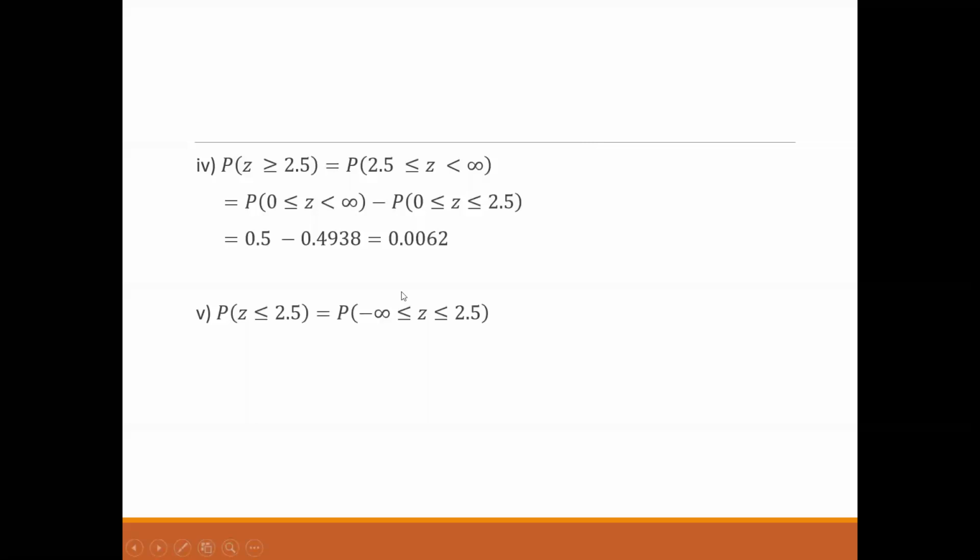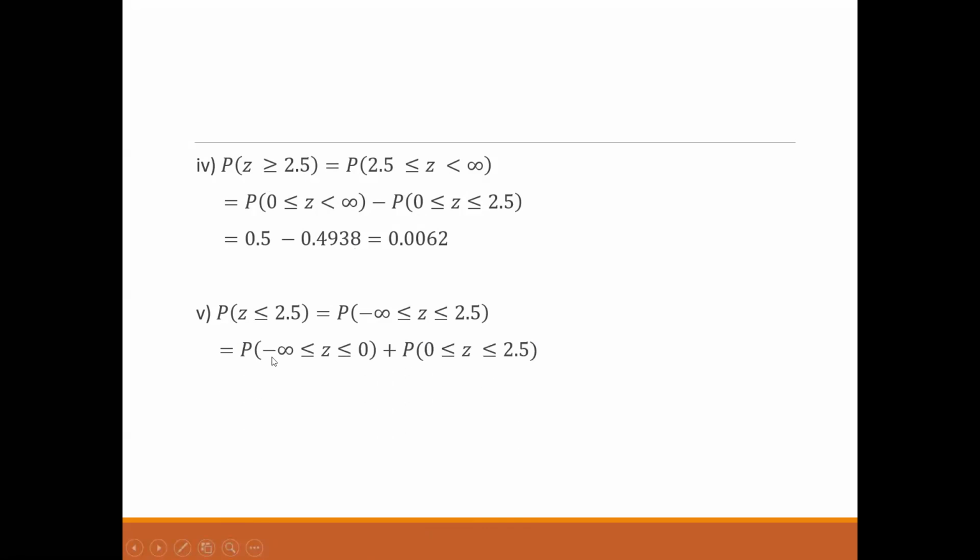Fine. So in this case, I can change this probability function as P, that means 1/2, where it will move from 0 to negative infinity will be 0.5, plus the area between 0 to 2.5. In the previous case where we had greater than 2.5, we had used the minus sign. So here I'll make use of this property.